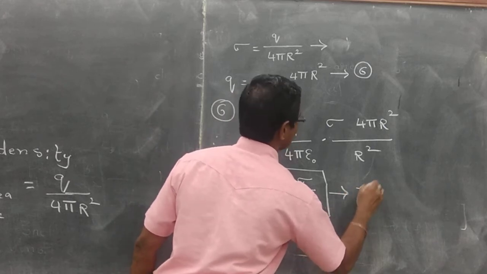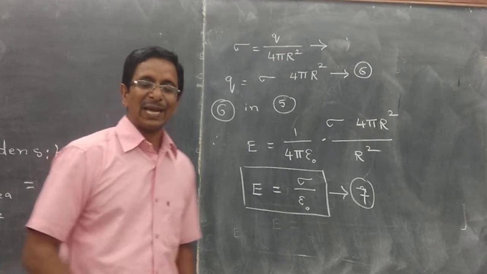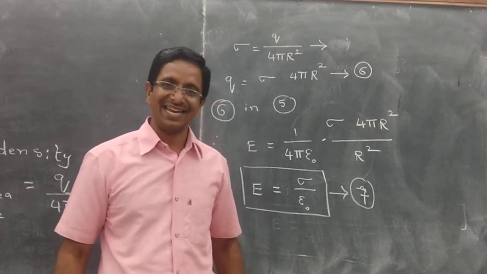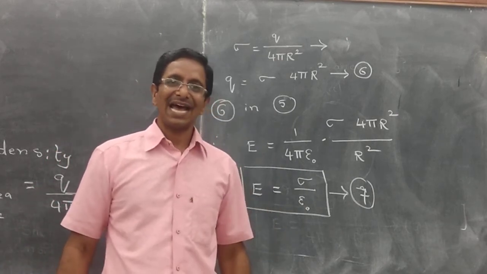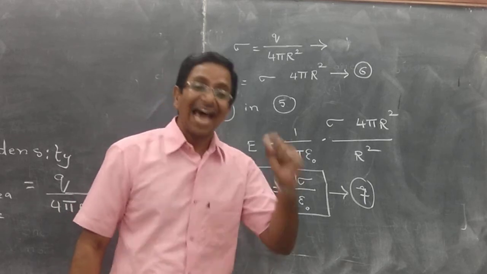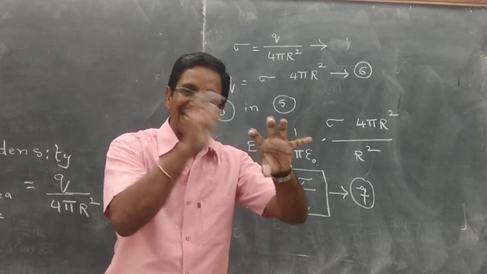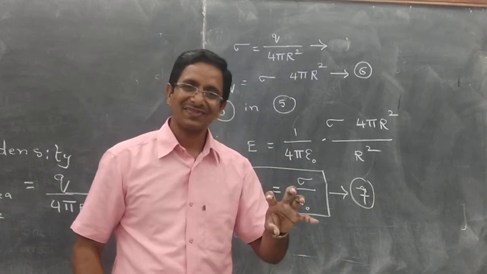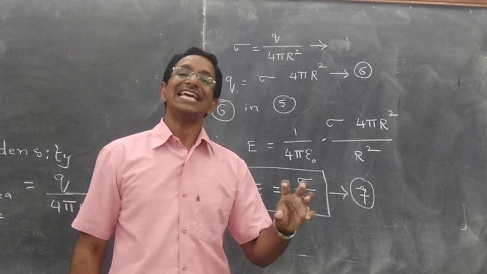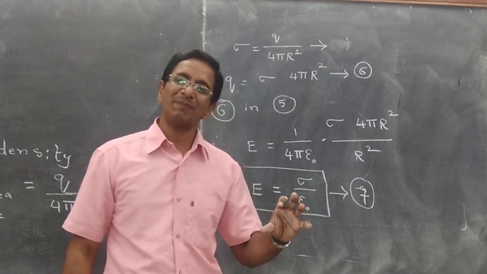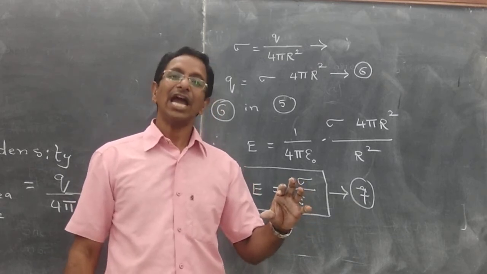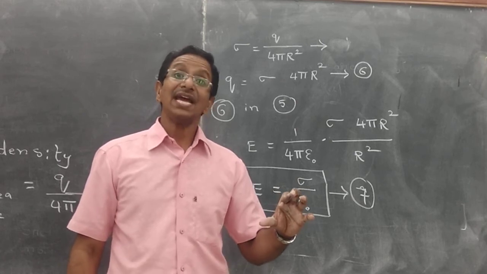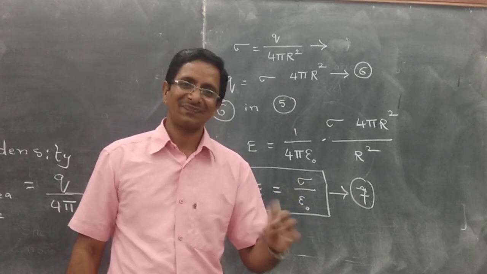This is equation number 7. That means two formulas we studied. Whenever the point P lies on the spherical conductor, the electric field E vector is 1 by 4 pi epsilon naught into Q by capital R square. That is one formula.